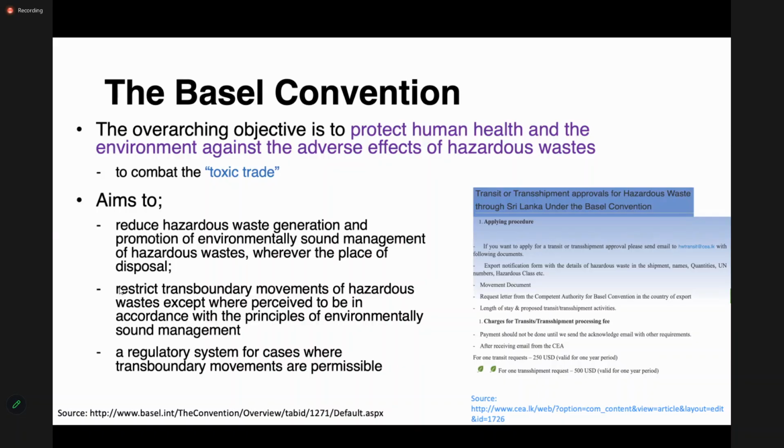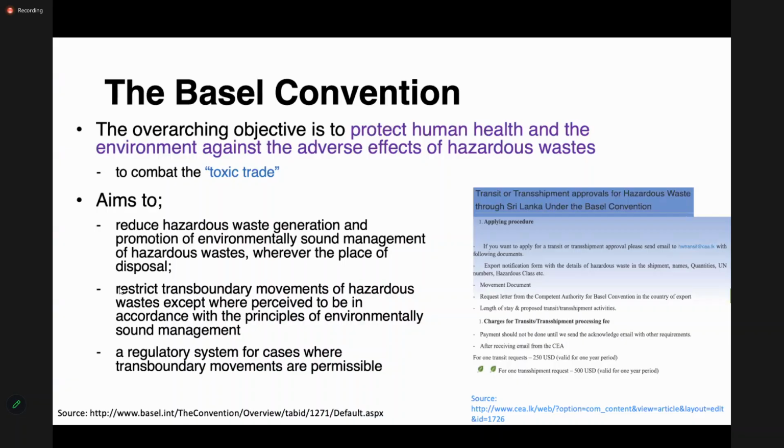So this Basel Convention aims to reduce generating hazardous waste and tries to promote environmentally sound management of these wastes wherever you're disposing them. Also, it's restricting transboundary movements of these wastes unless you're following certain proper management principles.